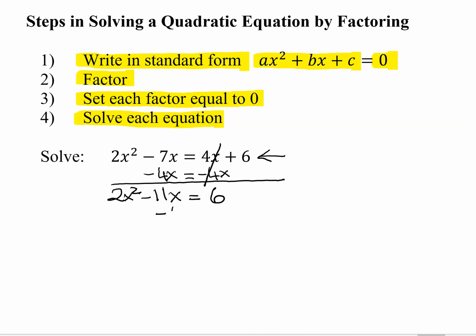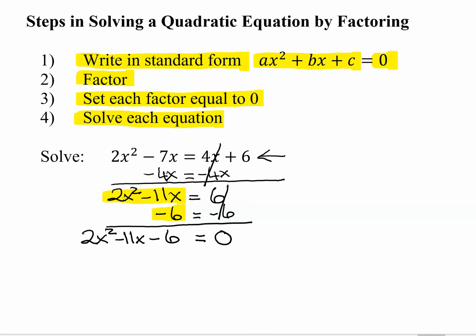So I'm going to subtract 6 from both sides. And notice on the right-hand side, I get my required 0. And on the left-hand side, I have 3 separate terms, an x squared, an x, and a constant. So I can't combine any of them. So I'm just going to write it in descending order. 2x squared minus 11x minus 6 equals 0. It's better to write it in descending order as that makes factoring easier.